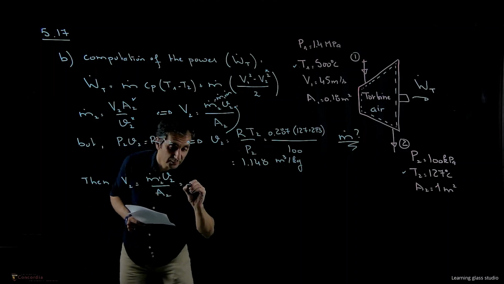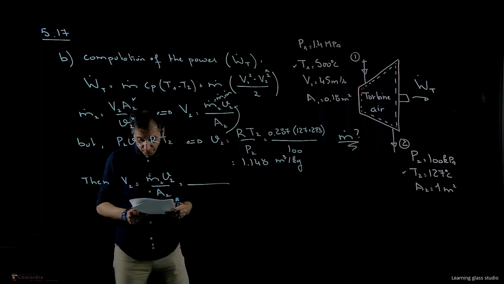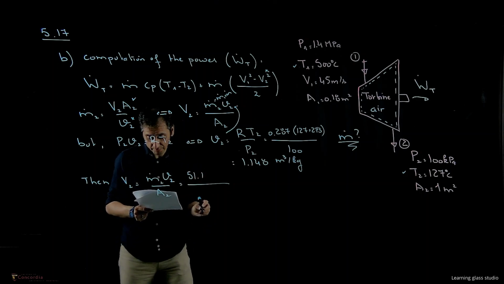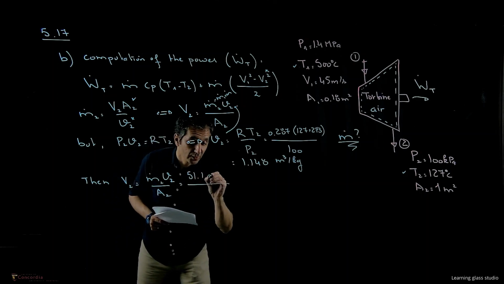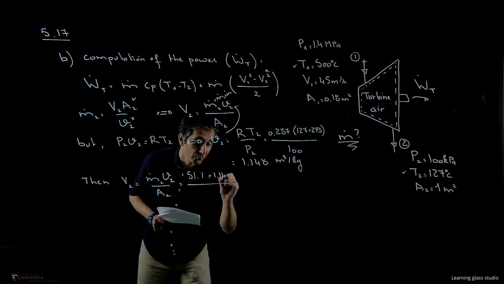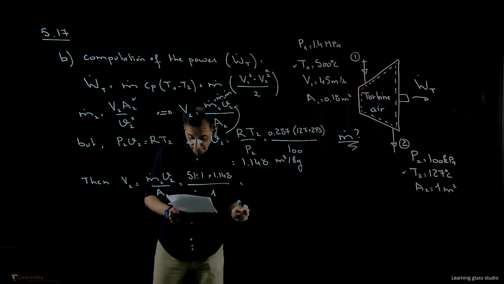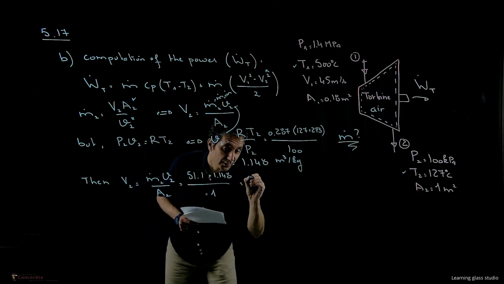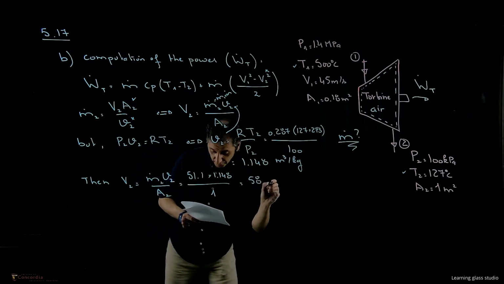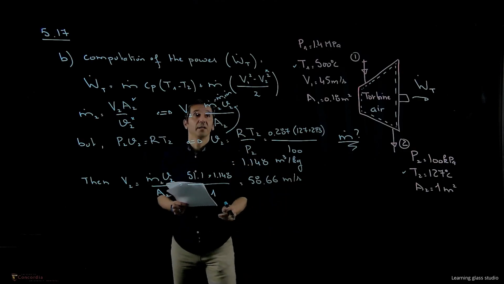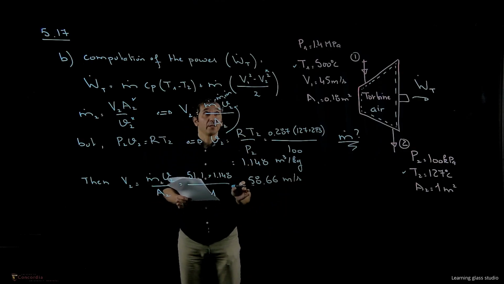Our mass flow rate was equal to 51.1 kilograms per second times 1.148 over A2, 1 meter squared. And this will give us a velocity of 58.66 meters per second. Okay, almost there.